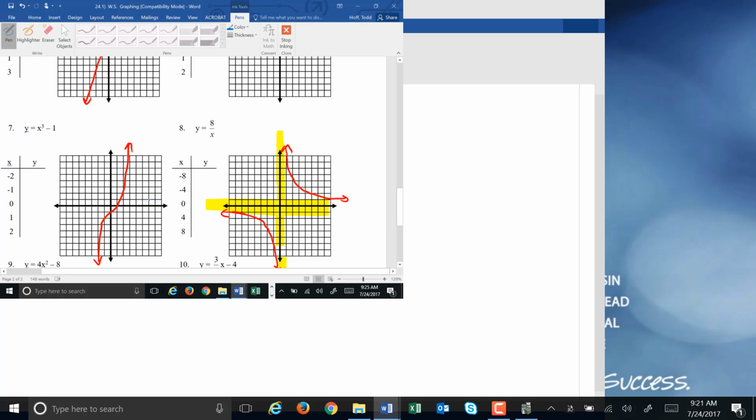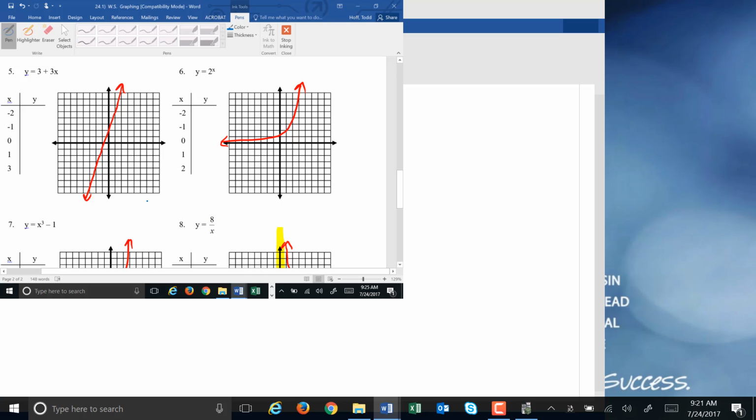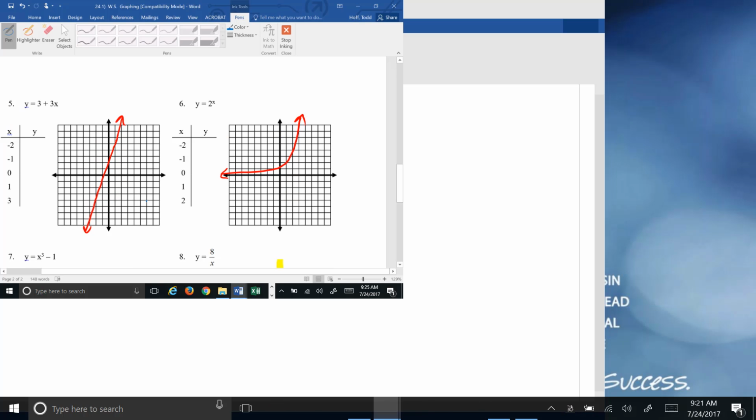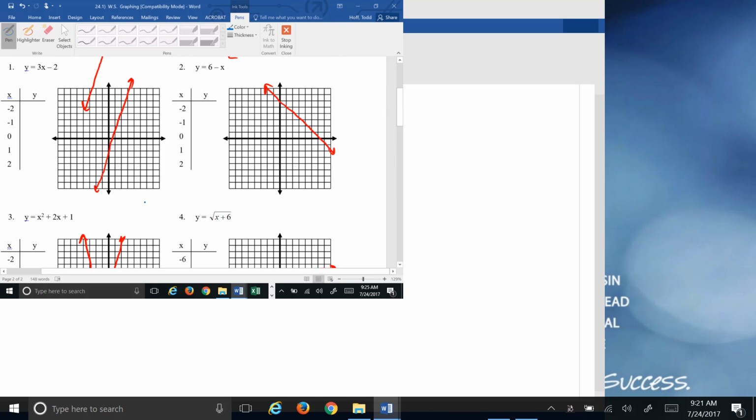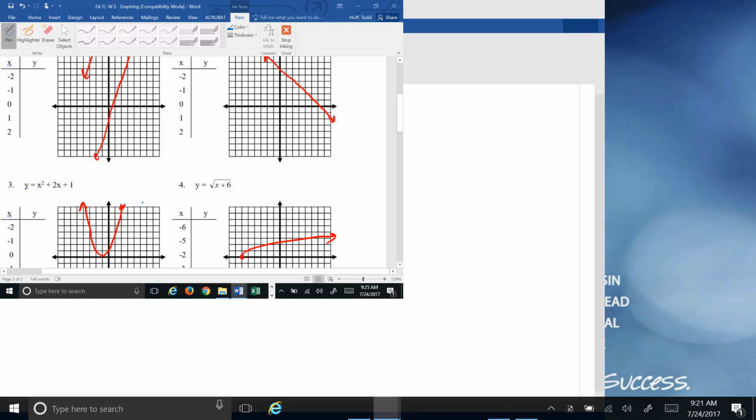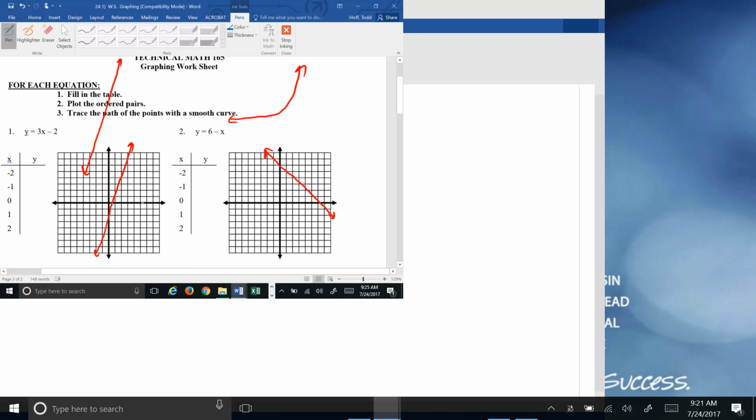They formed other curves. 5 formed a line. 6 made another curve. 3 and 4 both were other curves. And 1 and 2 were lines.